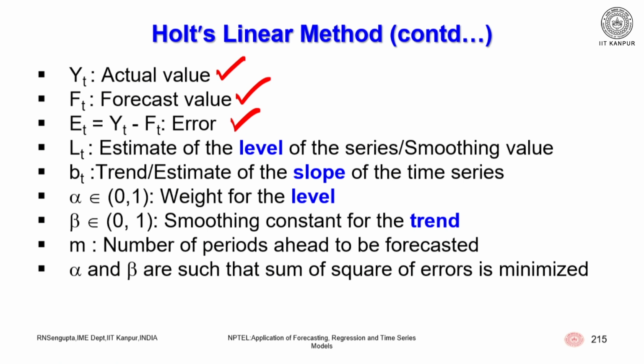And B t, as I said, is the trend estimate of the slope of the time series. So, there are two things, L for the level and B for the trend. We will assign a weight alpha to the level.